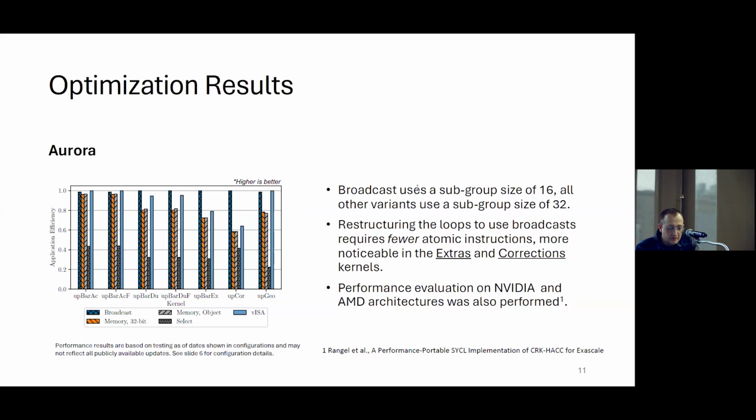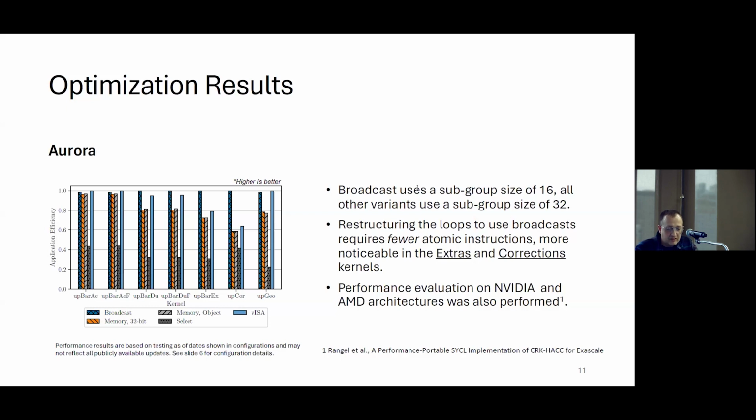Here on this plot is a comparison of all of those different variants of shuffle implemented, using all of those five kernels that I just described as being the hotspot kernels. You can see that the broadcast version is very performant, but so is the inline VISA version. There are a couple of kernels where it's not as performant, the extras and corrections kernels.